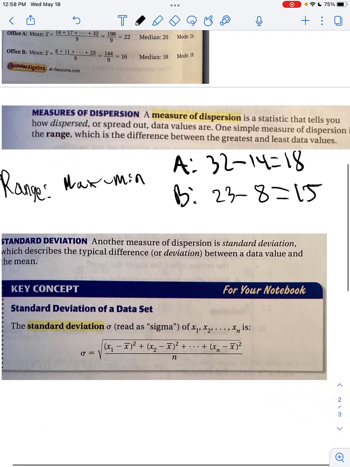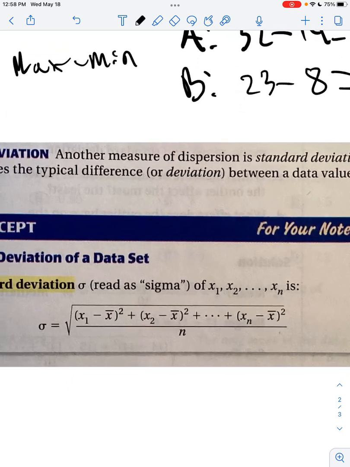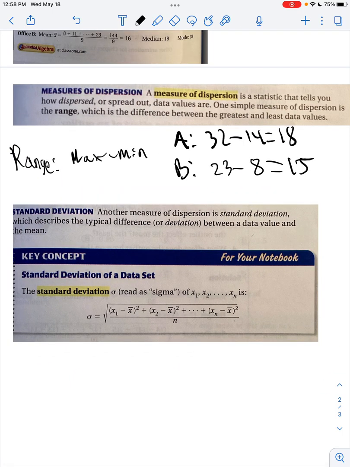And then we also use this very common method called the standard deviation, which is really a more statistical way to look at data, describing the deviation of a data value from the mean. So we have a little bit more of a complex equation here.